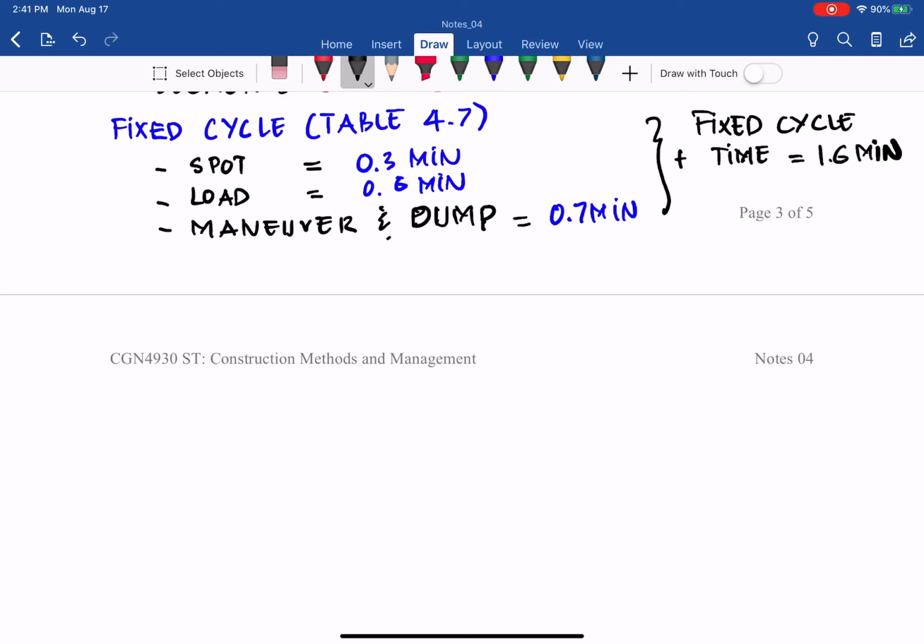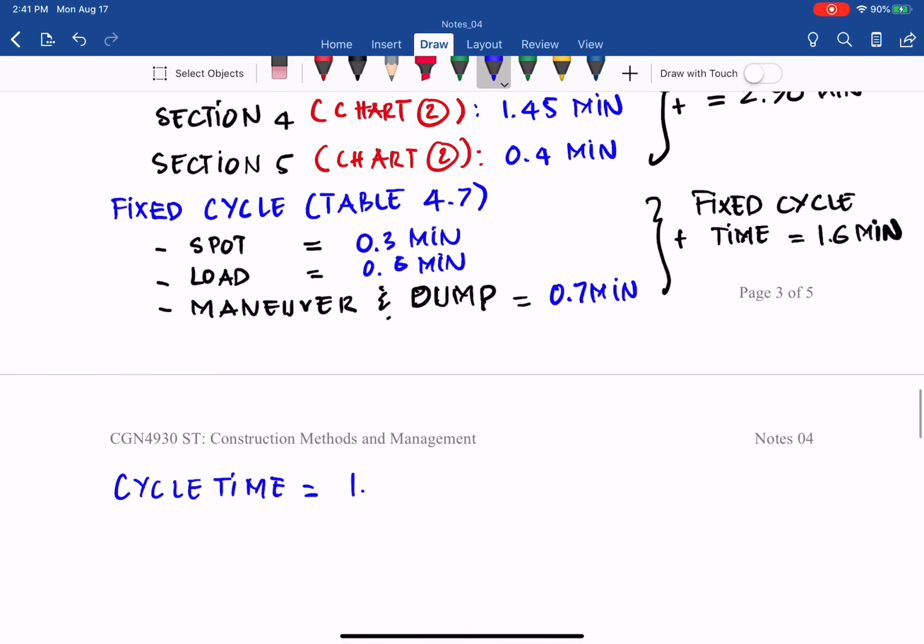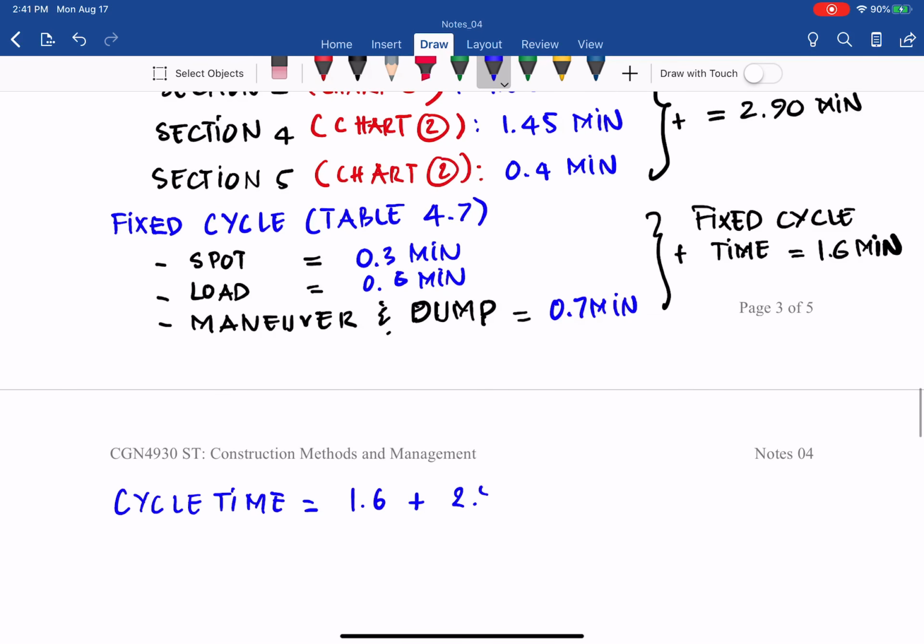So the total cycle time equals travel time plus fixed cycle time: 1.6 minutes plus 2.9 minutes for travel time. So you get 4.50 minutes.